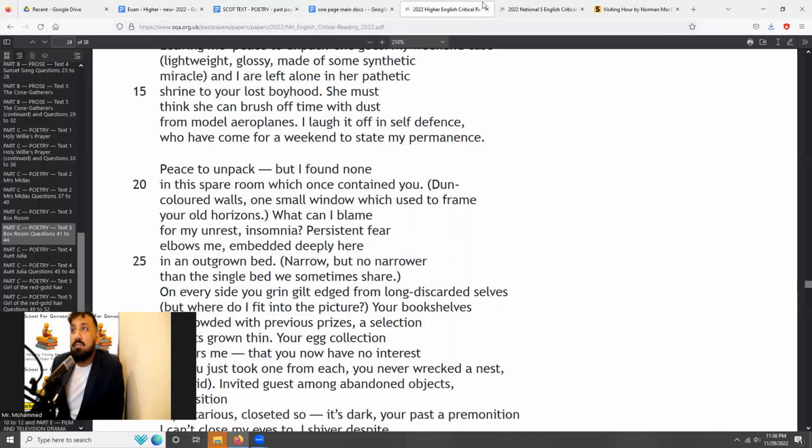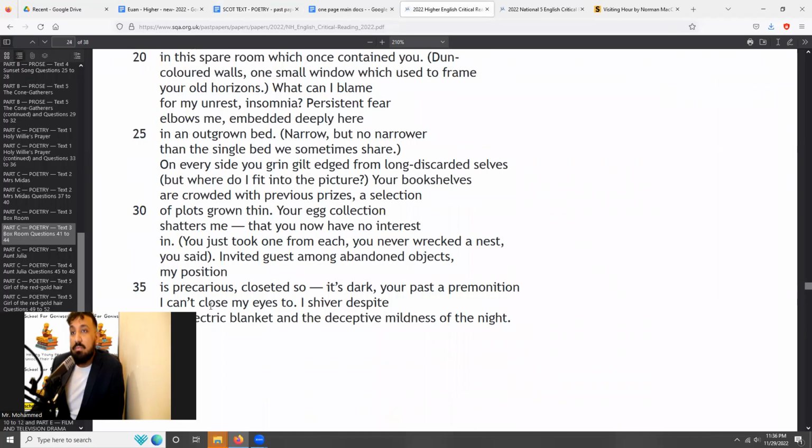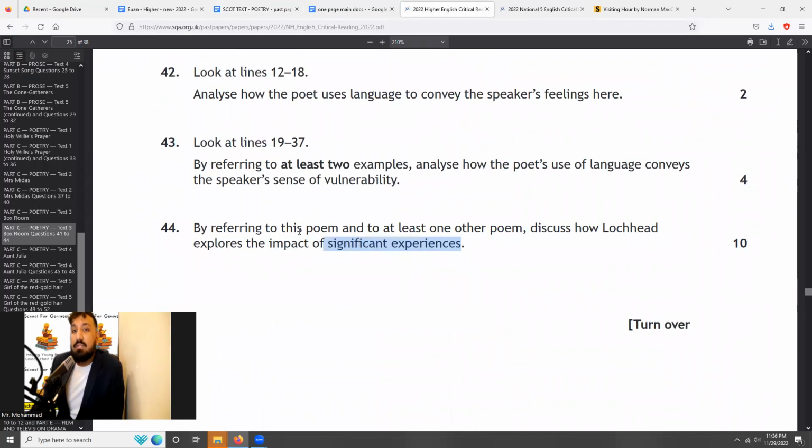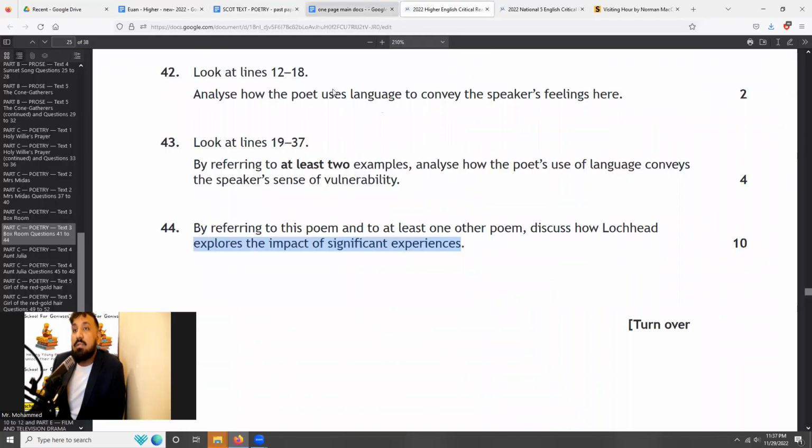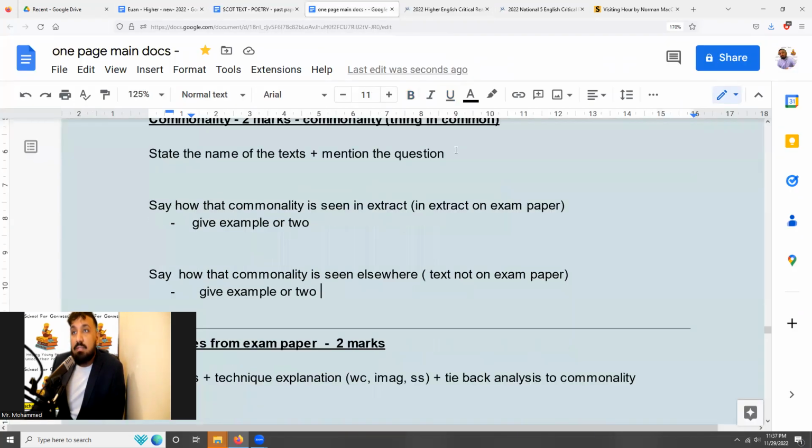I think that's from National 5, which is why it sounds so simple. If you're doing this, you would say Boxroom and Revelation are poems which explore the impact of significant experiences. So you literally just quote whatever the question asks.